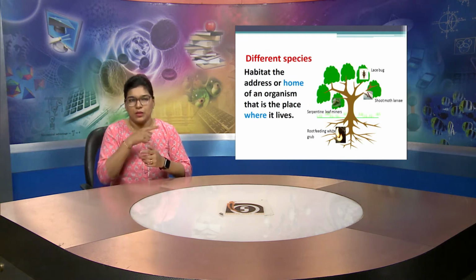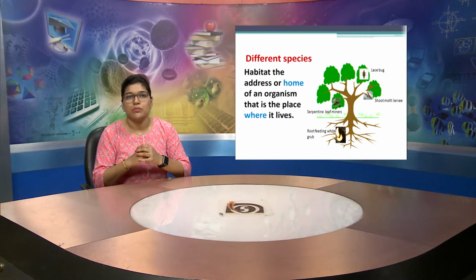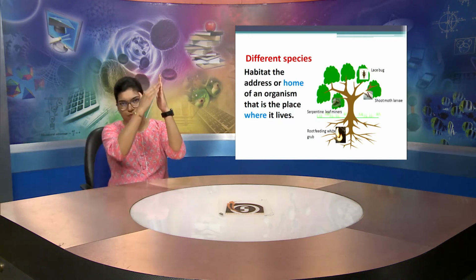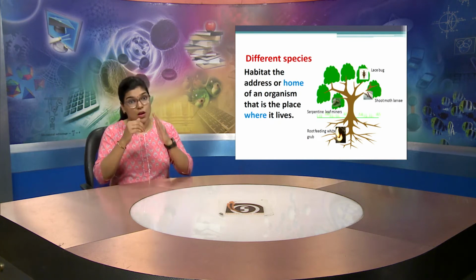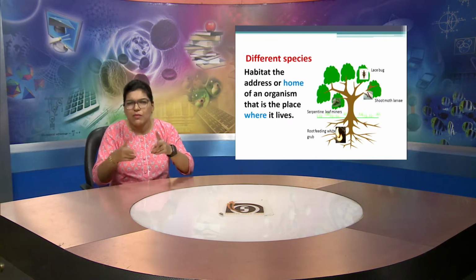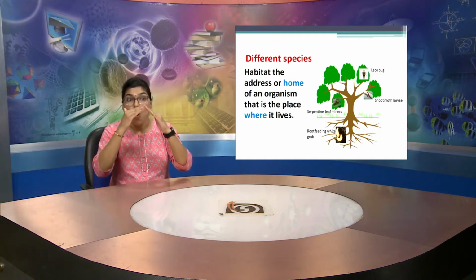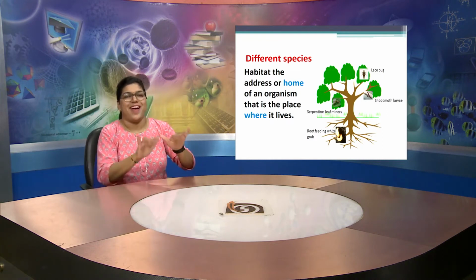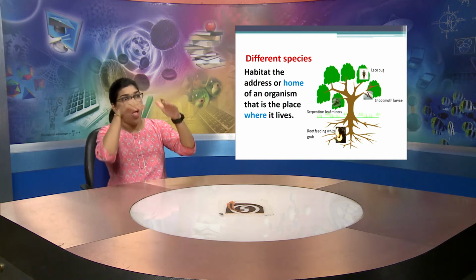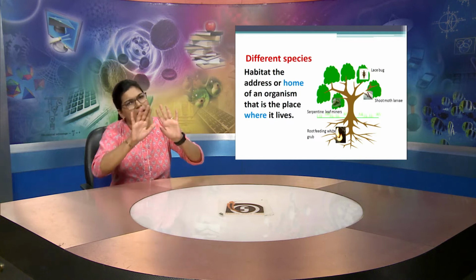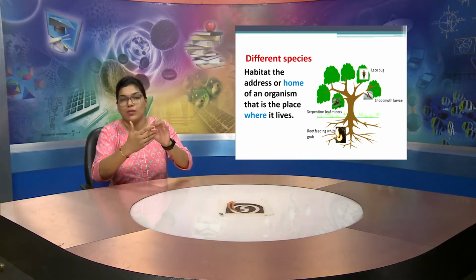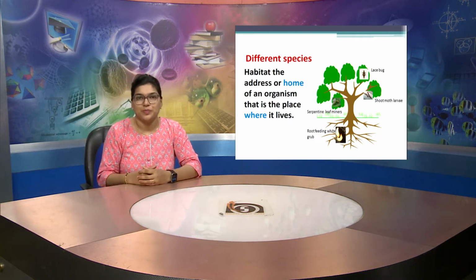Now here you can see on screen, let me explain it so that you can understand. There are different species. You can see the tree, and if you see in that image also that there are various organisms who use this tree as habitat, but the place is different.